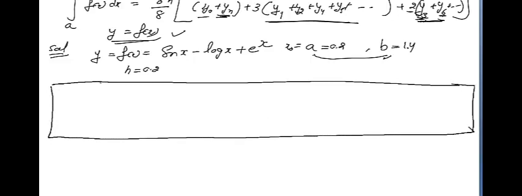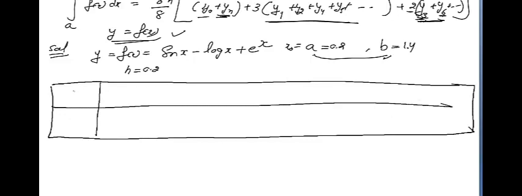So in the table you have to take all the values of x and y. The starting x is 0.2, this is x naught. Next x is x naught plus h, that is 0.2 plus 0.2, it will be 0.4, this is your x1.